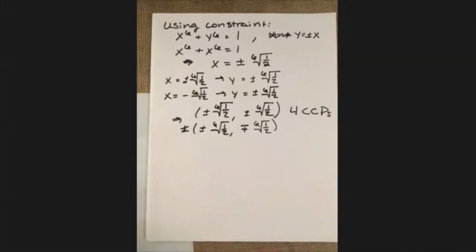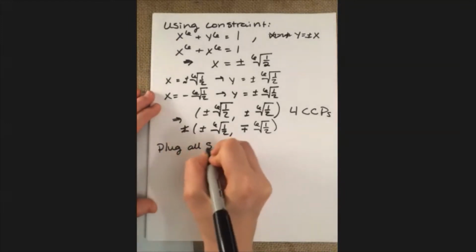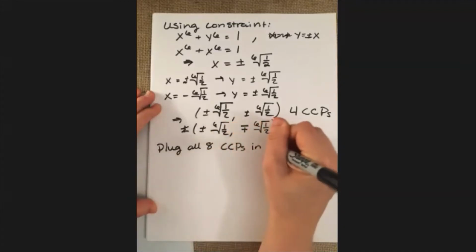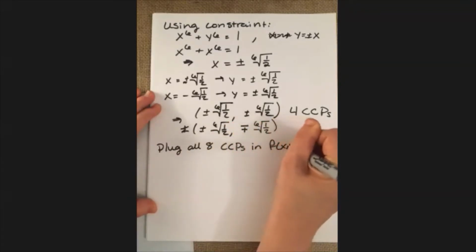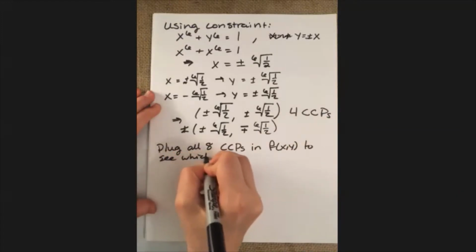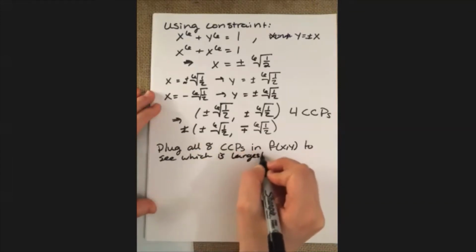And to be able to figure out which one is the largest and which one is the smallest, to give the minimum and the maximum, all we got to do is plug them into that original function that we had. So we're going to plug all 8 constrained critical points into f of x, y to see which is largest and smallest.